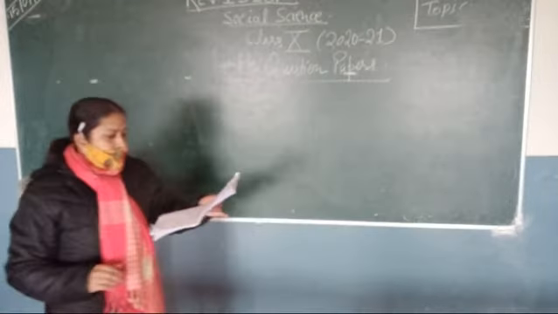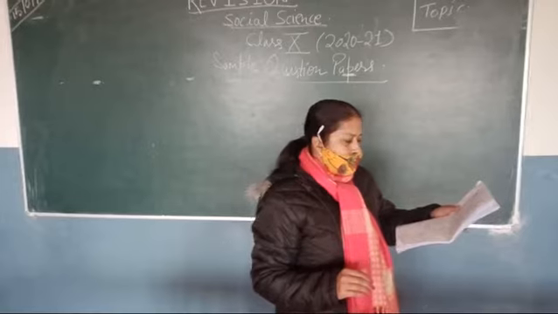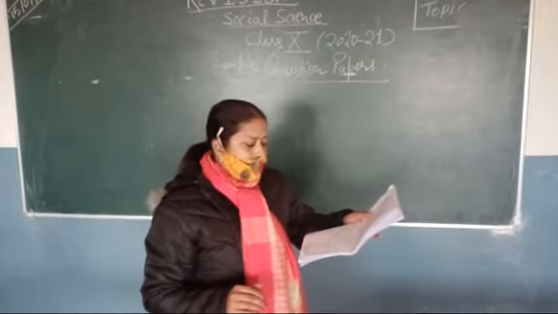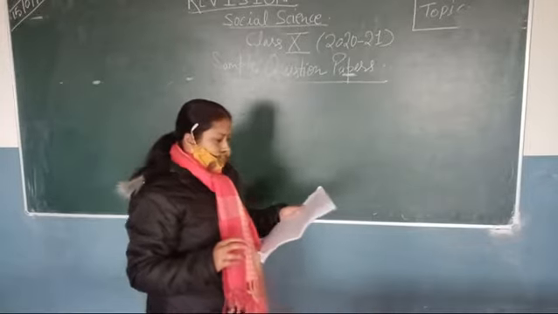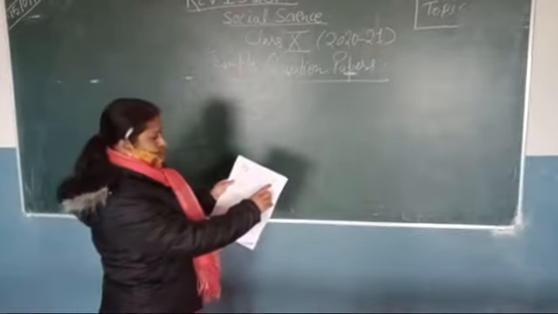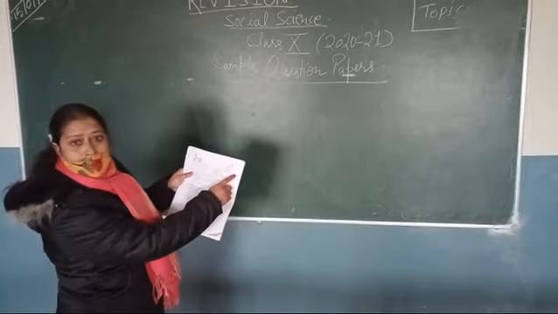Okay. Second instruction, the code number given on the right hand side of the question paper should be written on the title page of the answer book by the candidate. So the code number given on the right hand side of the question paper, code number 32/1/1. Okay.